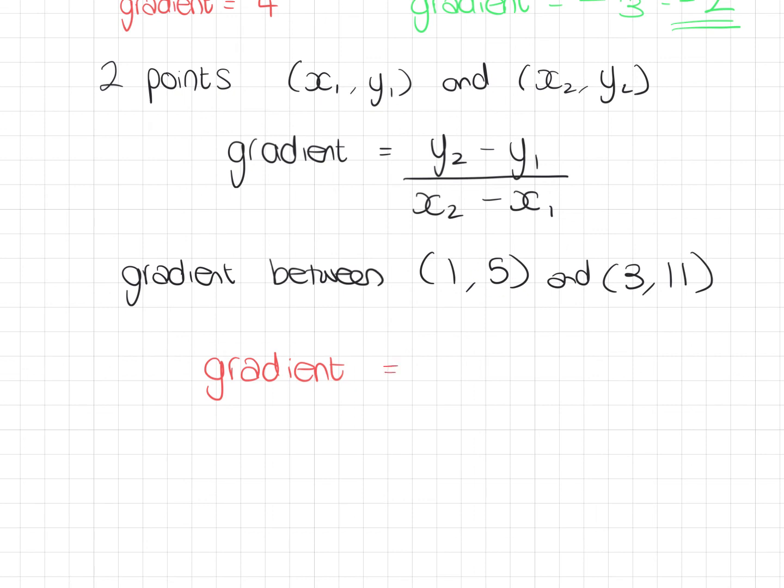So I'm going to do 11 minus 5 on the top, and the bottom, it's the second x minus the first, so that's 3, take away 1. The top, 11 take away 5 is 6, 3 take away 1 is 2, 6 divided by 2 is 3. So that's the 2 different ways of finding the gradient.